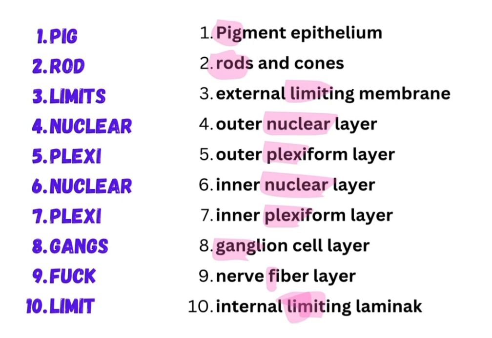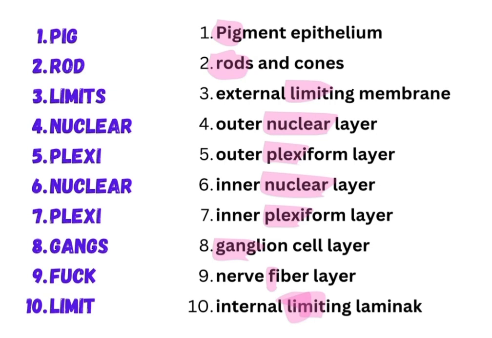And then for gangs, we have the ganglion cell layer. For nerve fiber, we are highlighting the word F in pink over here. We see the word fuck is for the nerve fiber layer, for the F of the fiber. Then we have the limit, which is again fuck limit. The gang says fuck the limit, so there is another limit.